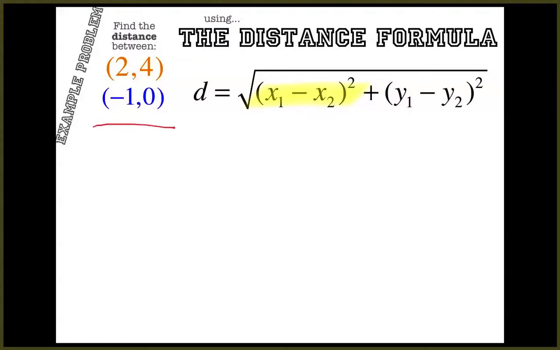Well, couldn't I just kind of go like this and do x1 minus x2, 2 minus -1? And then couldn't I do this part as well? y1 minus y2. I'm just going to subtract here and do 4 minus 0, which is 4.